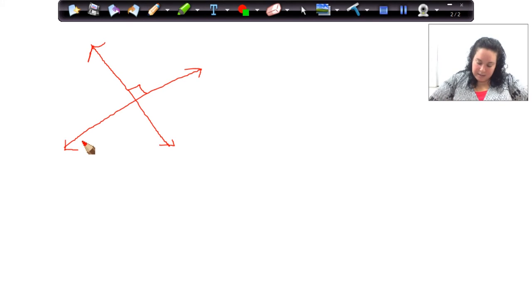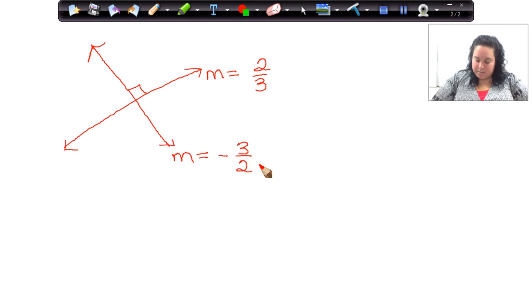And let's say the slope of this first line is something positive, perhaps 2/3. Then the slope of the other line would have to have opposite reciprocal. Do you remember what opposite means? Negative. And reciprocal, flip it upside down. So this would be negative 3/2. Negative and flip it upside down.